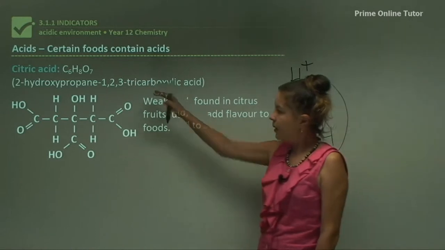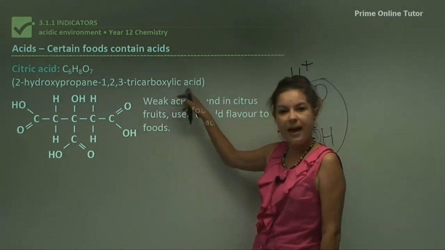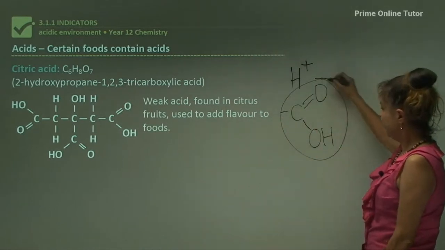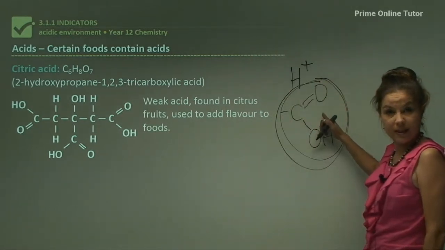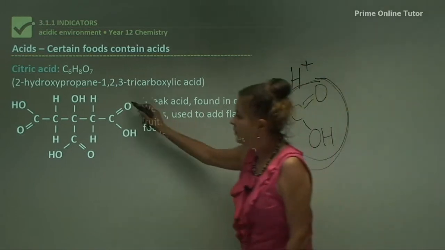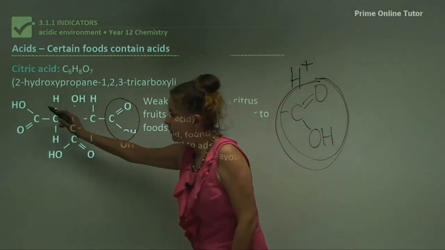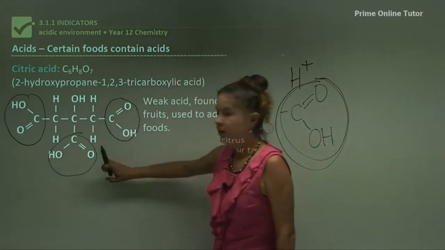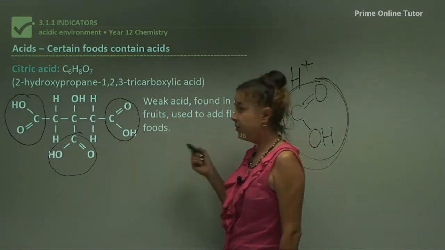Now, with the name, as you can see, carboxylic acid, 1,2,3 means there's 3 of them. And if you remember, I told you that's your carboxylic acid group. So where are they? Those are the 3 carboxylic acid groups.